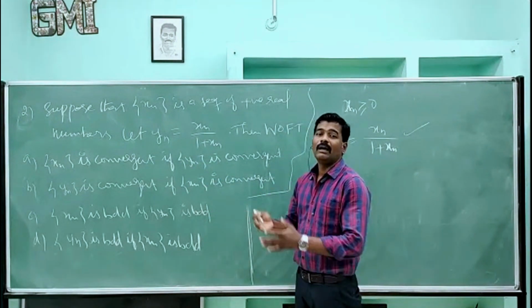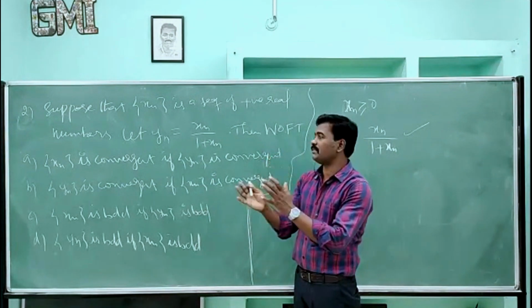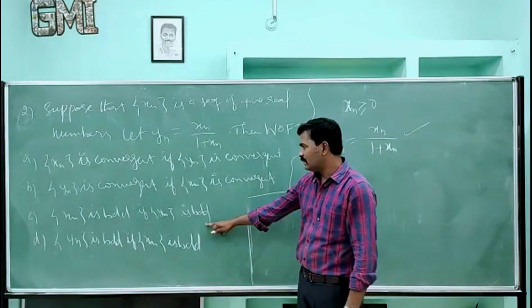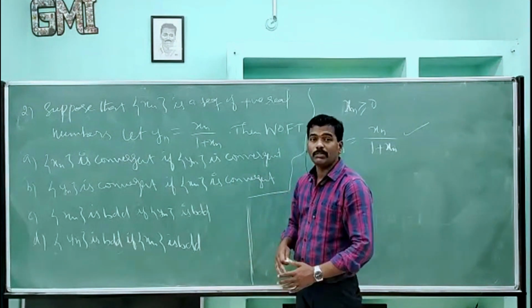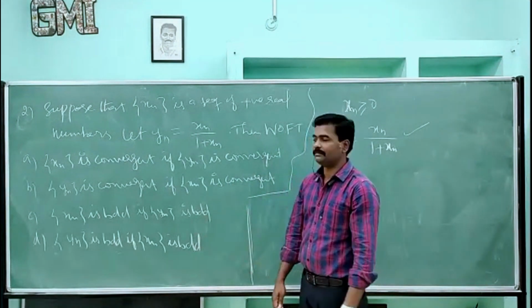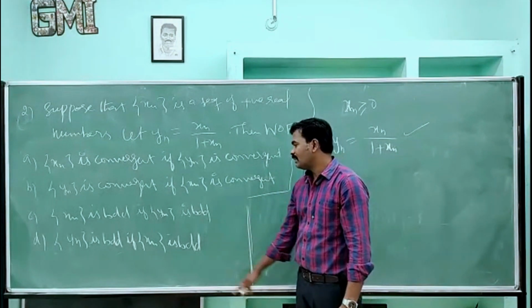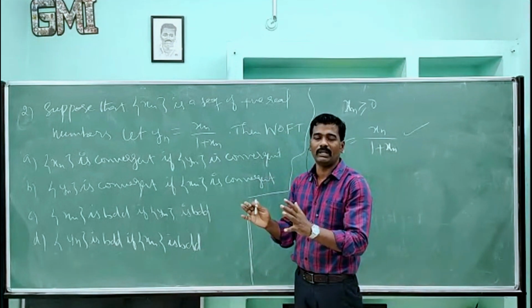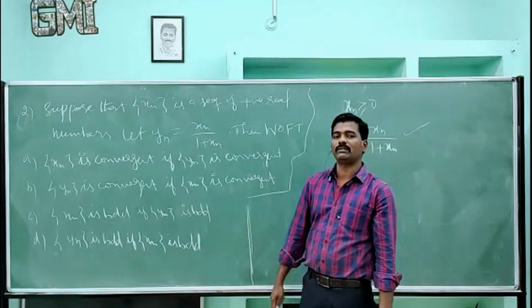What is that meaning? Whenever xn is convergent, which implies yn is convergent. What about third? If yn is bounded, which implies xn is bounded. Fourth one, whenever xn is bounded, which implies yn is bounded.